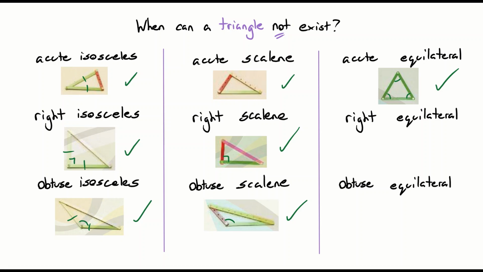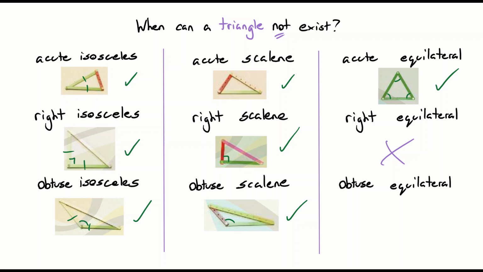Possible? Impossible? If you said impossible, you're right. You cannot have a right equilateral triangle. That doesn't exist, because all three angles of an equilateral triangle have to be 60, don't they?